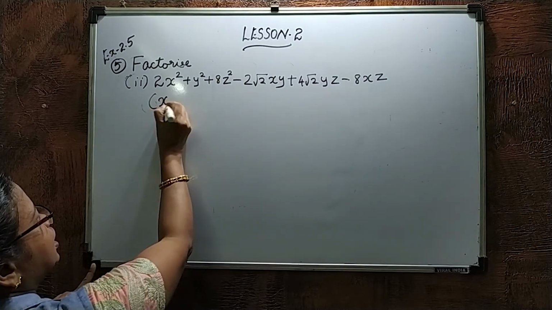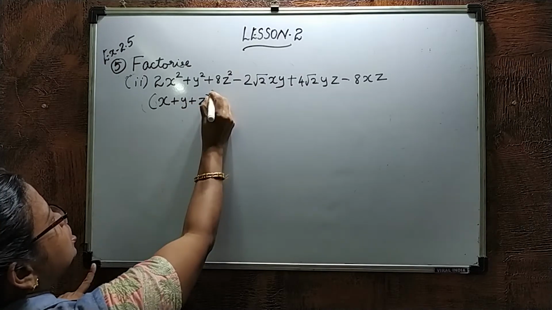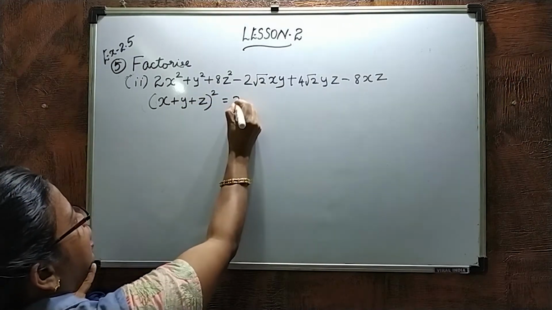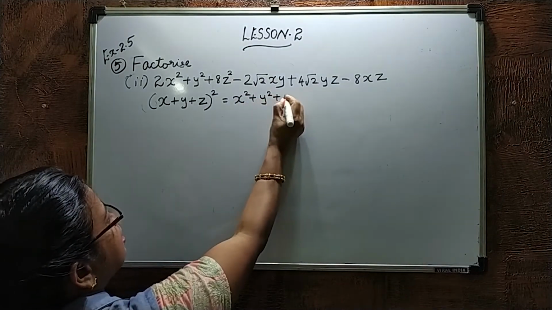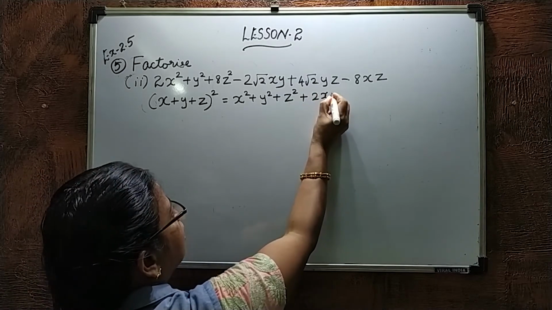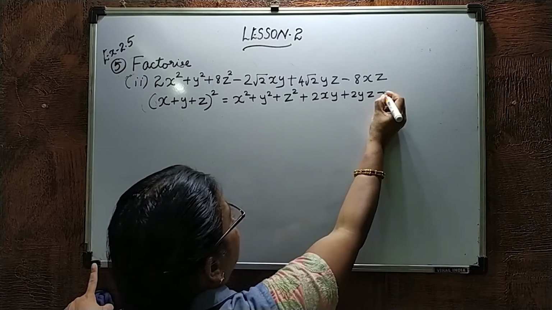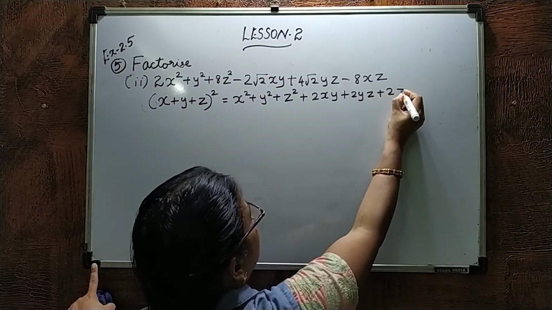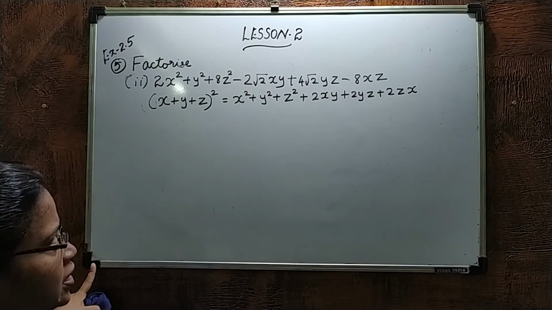So the identity is x plus y plus z the whole square equals x square plus y square plus z square plus 2xy plus 2yz plus 2zx.